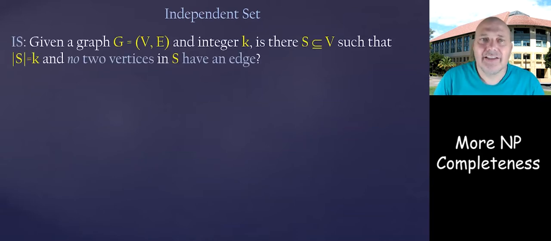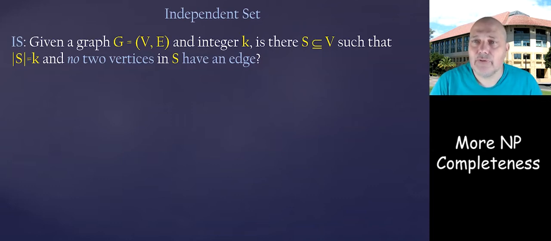Independent set. Independent set: given a graph G and an integer K, is there a subset of vertices S of size K such that no two vertices of S have an edge?